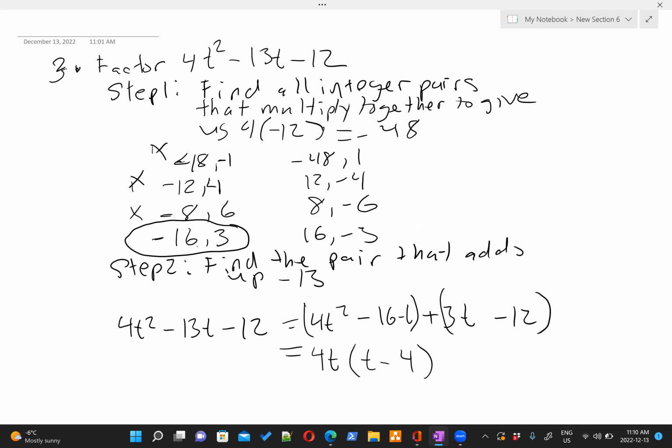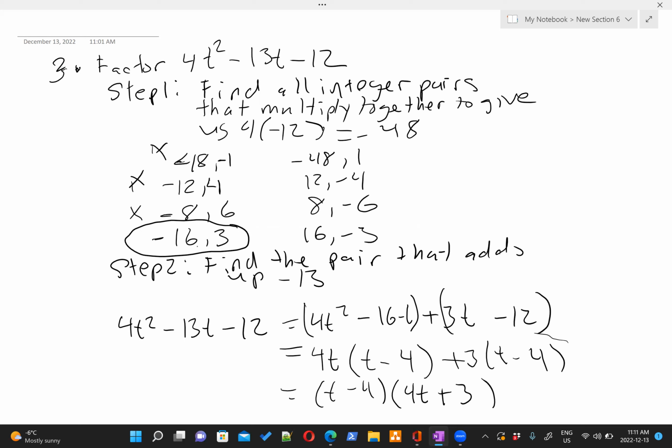How do you factor that? It's going to be 3 times t minus 4. So now this is what we get. We're going to factor out t minus 4. So this is going to be t minus 4, and what you get left over is 4t plus 3.